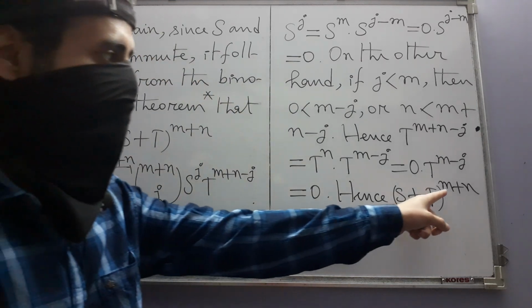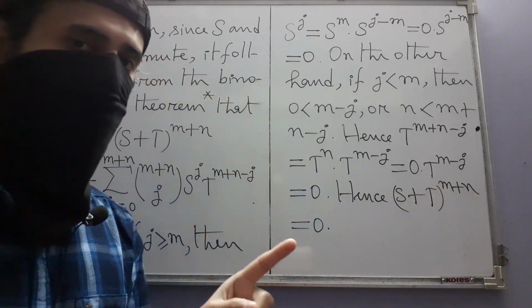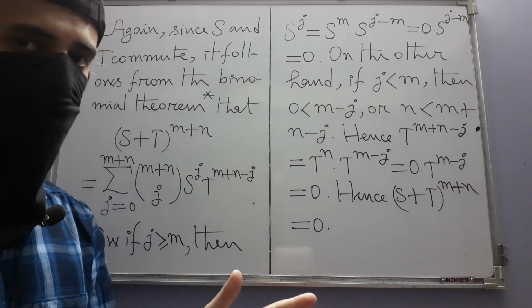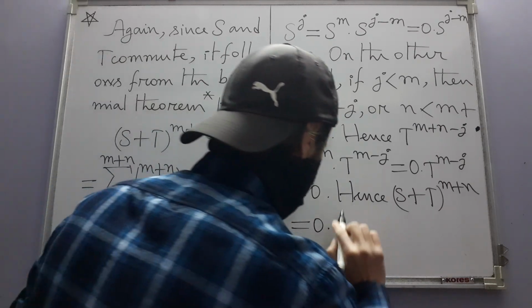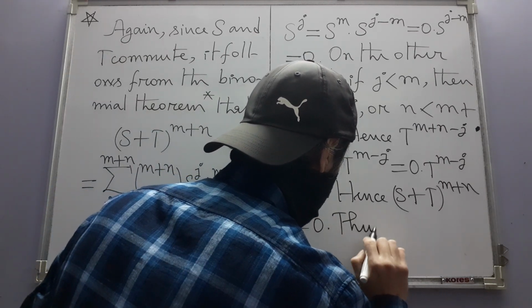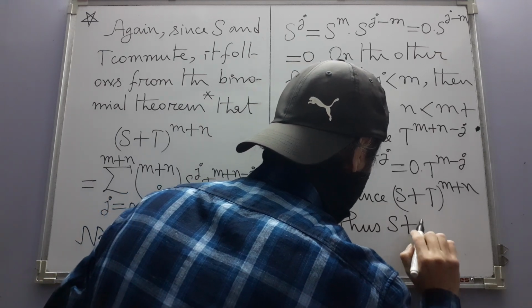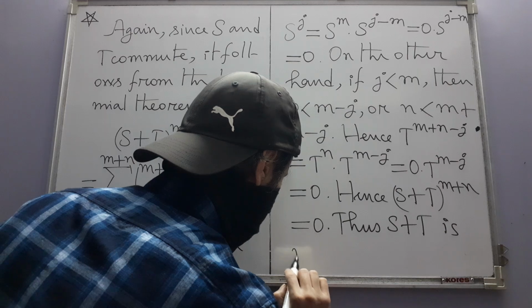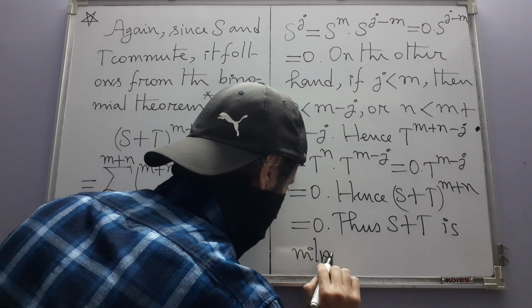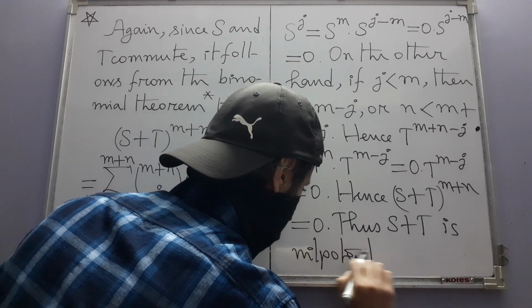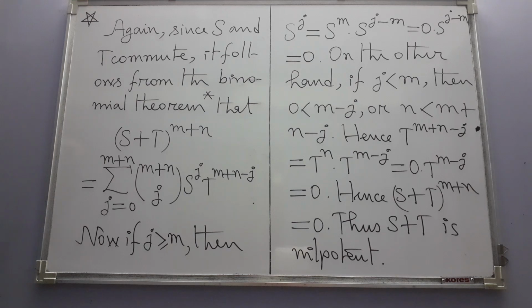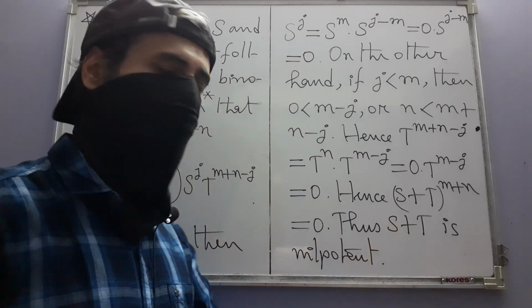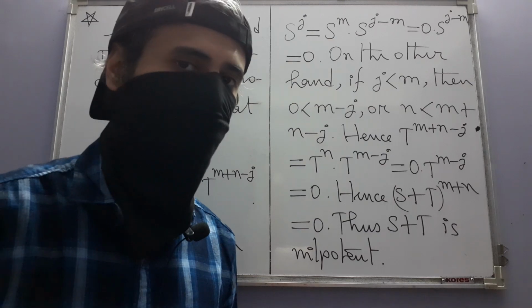Finally, note that since m and n are positive integers, their sum is also a positive integer. Thus, s plus t is nilpotent. Okay, so that's how we have proved that the product and the sum are both nilpotent.